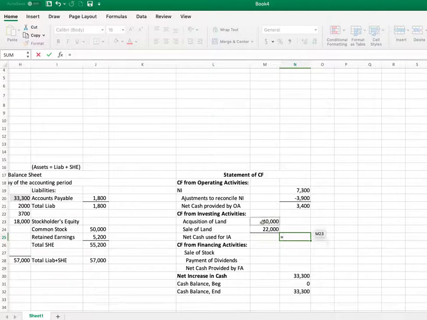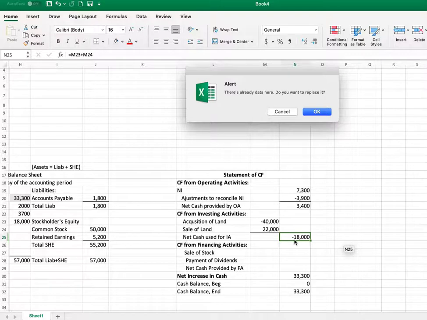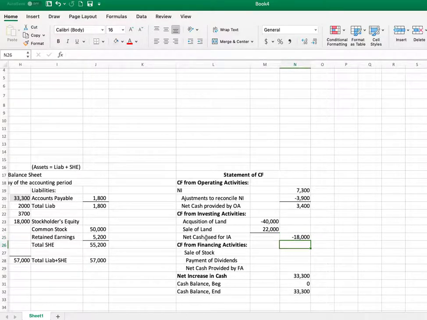So net cash flow used for investing activities, which is long-term assets, is an outflow of 40,000 and an inflow of 22,000 gives us a net outflow of 18,000. Net cash used for is the terminology when there's a negative number.